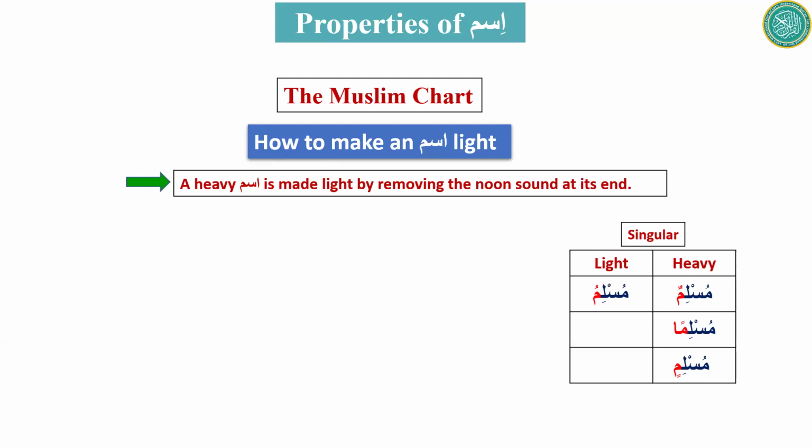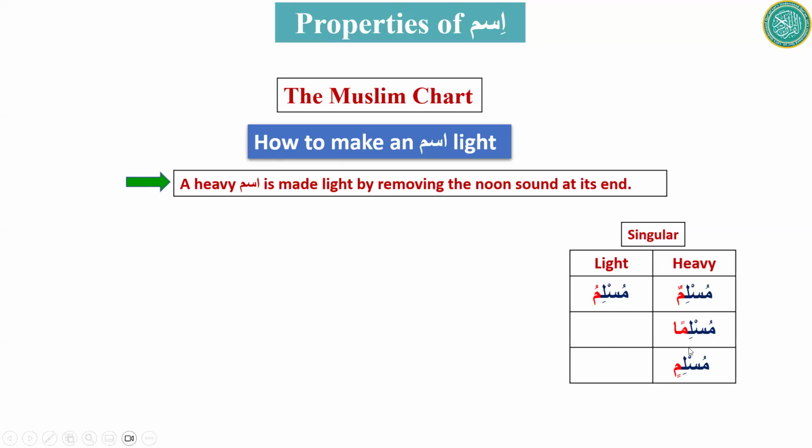When we say Muslimu, now do you hear the noon sound? No. So by removing the two dhamma, dhammatain, and replacing it with one dhamma, we have removed the noon sound. Do you agree, sister? Yes. So Muslimun was heavy and Muslimu is light. Can you do the same thing for Musliman, please?